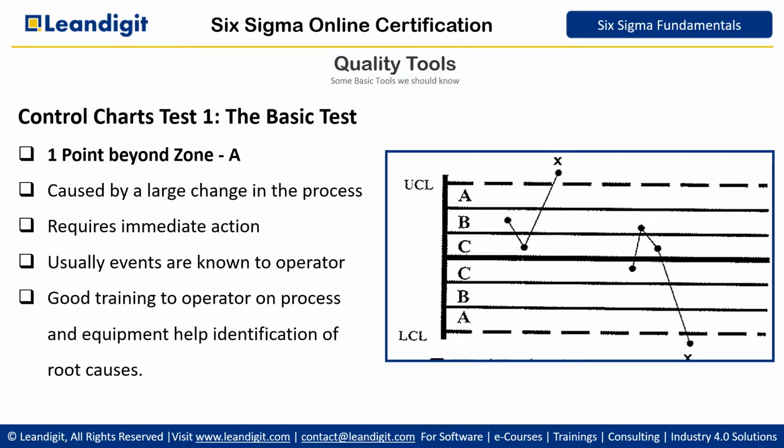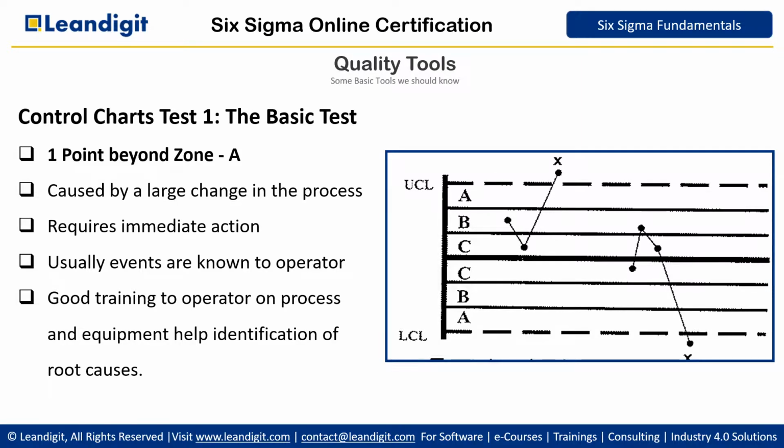Control chart test number 1 is also called the basic test. The basic test is if one point is beyond zone A, that means outside the control limit, that means a special cause has come. Usually this cause is so large in the process that it is very easily evident to anybody working on the process and also requires immediate attention.